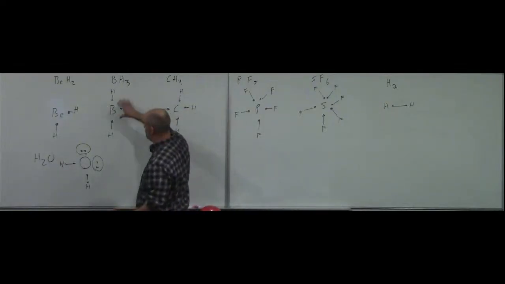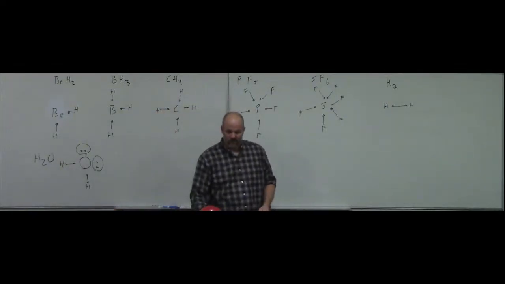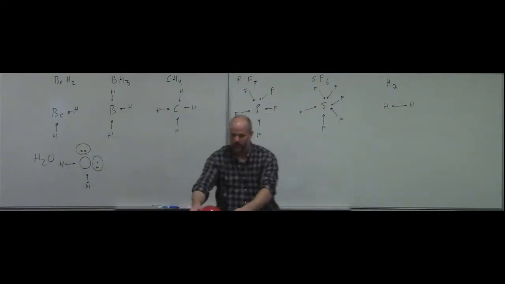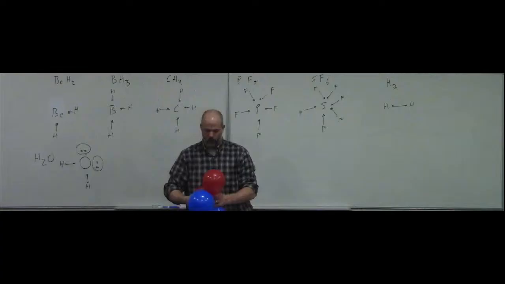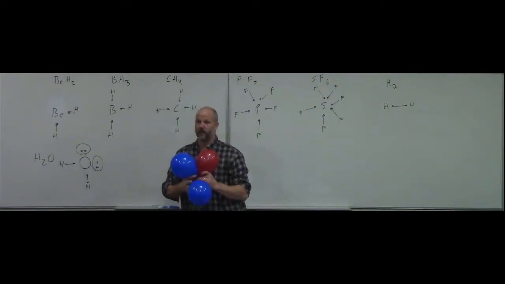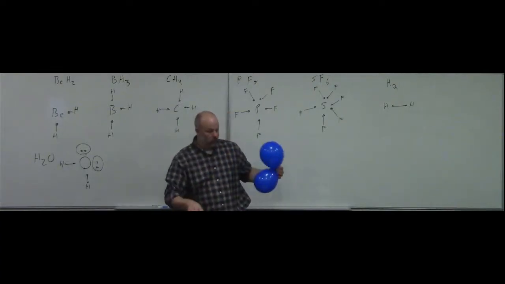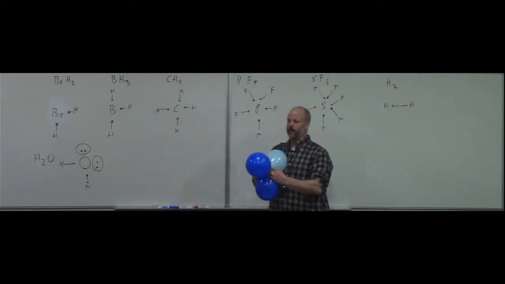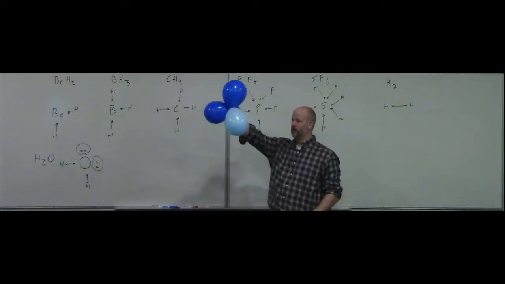Let's build these. Okay. So BH3. How many regions am I going to have? How many balloons do I need to pick up? Three. Okay. So take a look at what three is. What shape does it make?